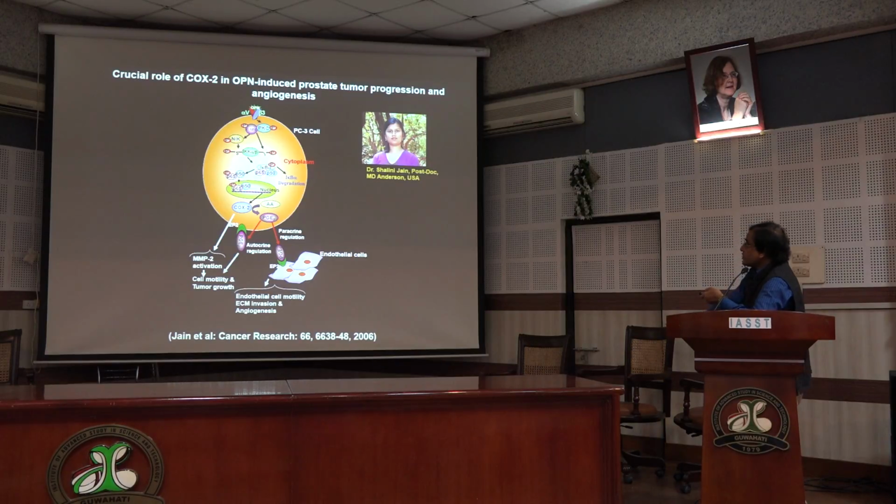So in the prostate cancer model, Salini has shown that this osteopontin regulates COX2 expression through upregulation of a kinase called PKC alpha, and this PKC regulates kinases like nuclear factor inducing kinase that regulates IKK alpha beta kinase activation, and that regulates NF kappa B activation, and NF kappa B controls COX2 expression transcriptionally, and that regulates prostaglandin E2 production.